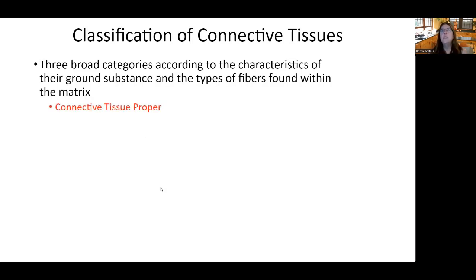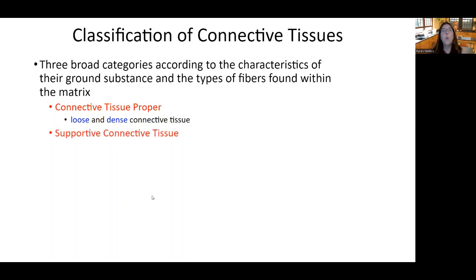We have connective tissue proper. This comes in both a loose and a dense type of connective tissue. And I think that's a little bit self-explanatory. Loose connective tissue, like you would find under your skin. Dense connective tissue, like you would find in tendons and ligaments. But that's what we would obviously consider connective tissue, right?